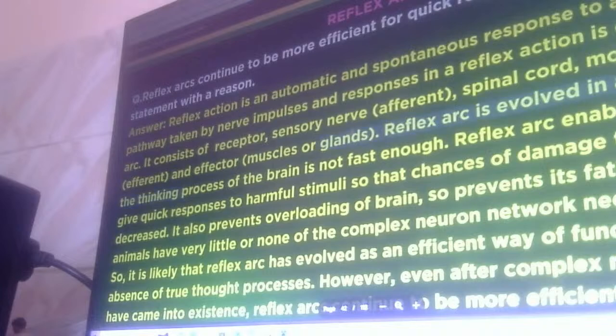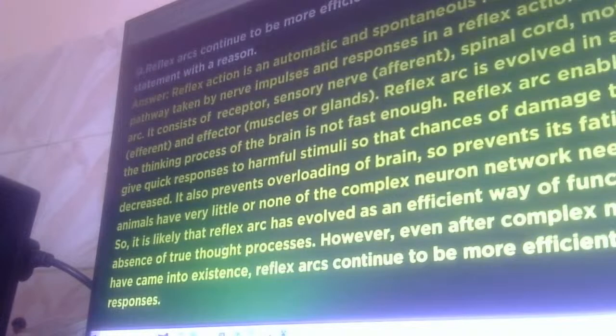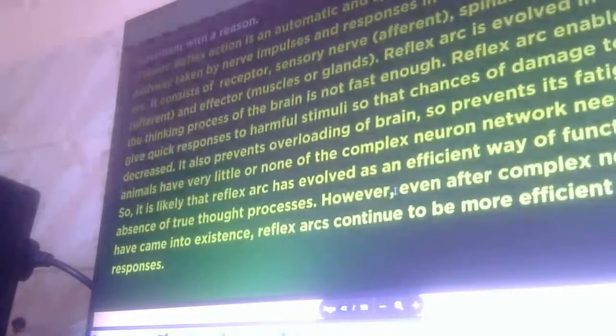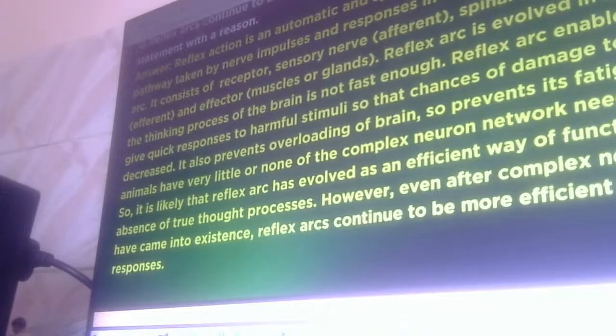The thinking process of the brain is not fast enough. Reflex action enables the body to give quick responses to harmful stimuli. Chances of damage to the body are decreased. It prevents overloading of the brain. That's a good point. So it prevents brain fatigue. Okay, reflex arc has evolved. Yes.